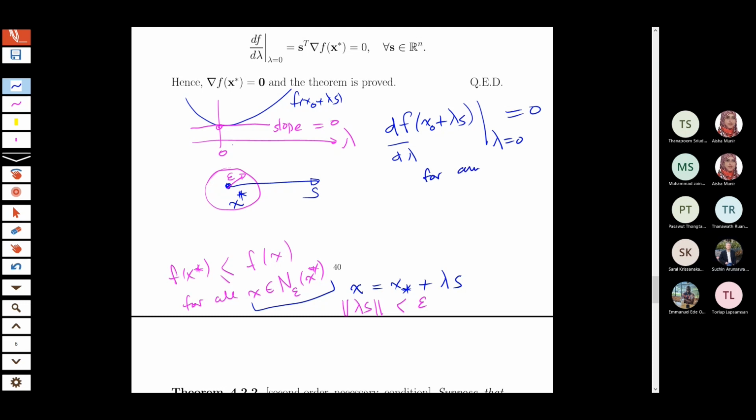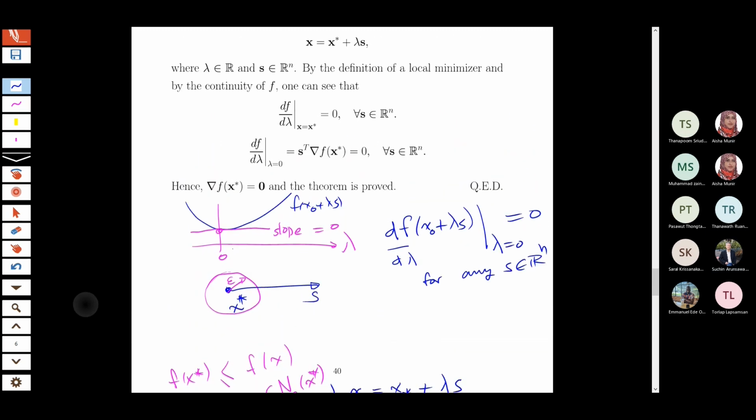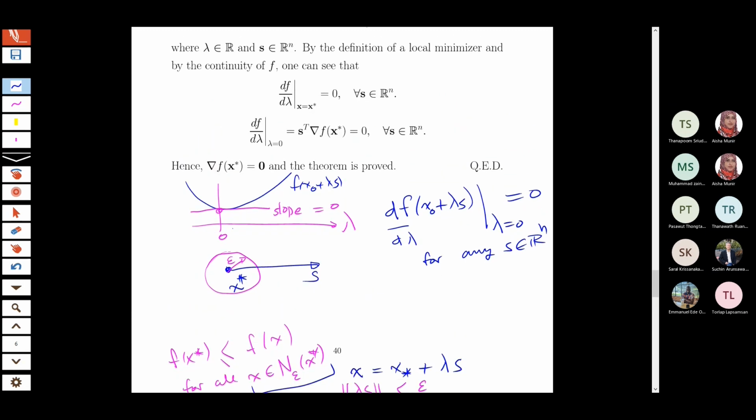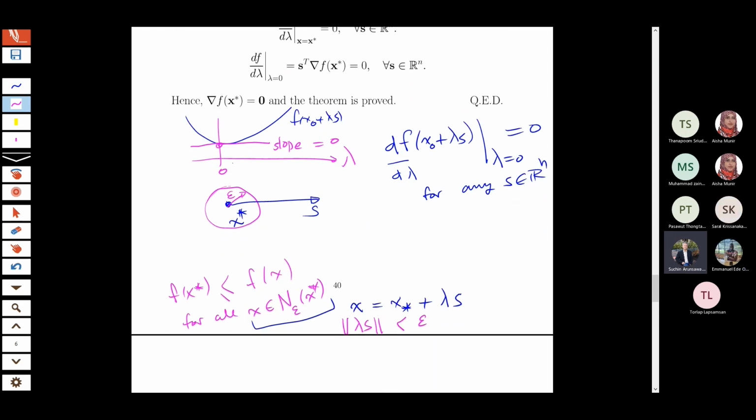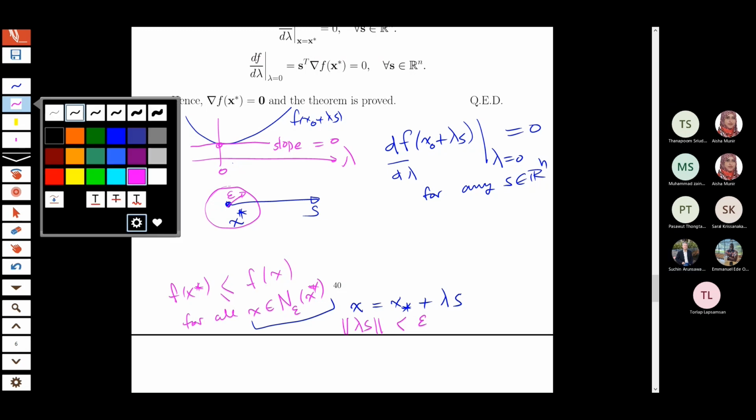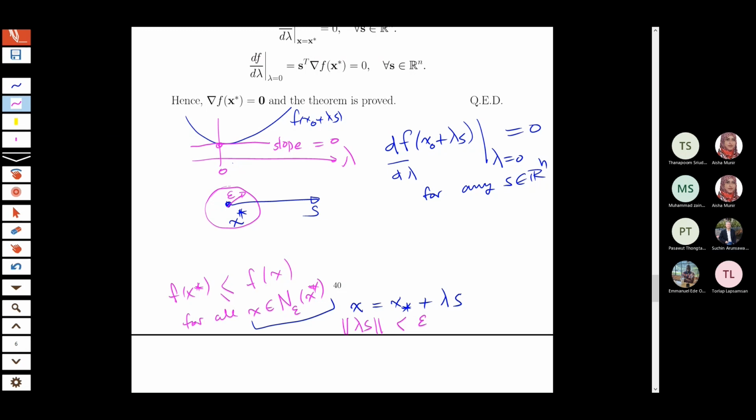For any s in R n space, right? The slope here, this is the slope, right? This is the slope we are talking about.